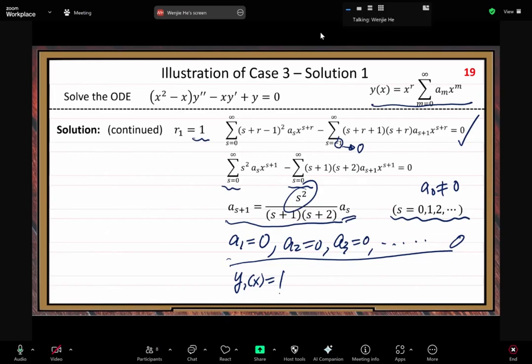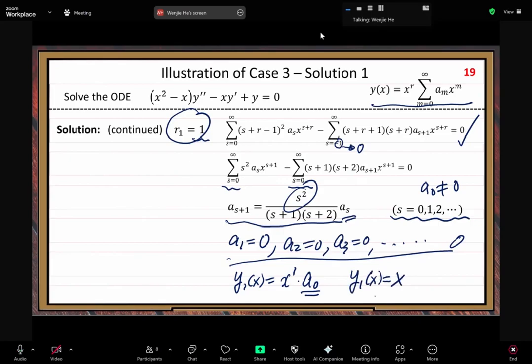That's strange, right? Oh, sorry, r is not equal to 0, right? R1 is 1. I got a contradiction. Now x to the 1 times A0, but our A0, because that's a constant, we take out. So our y1 function equals x.